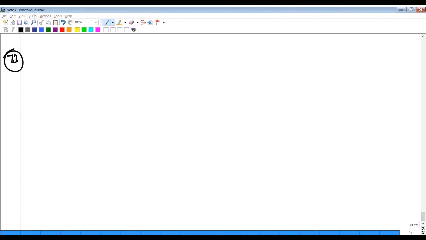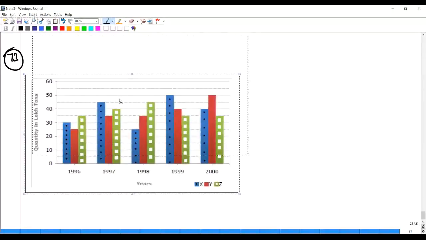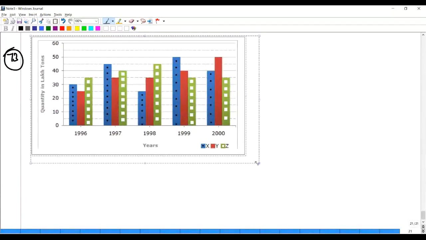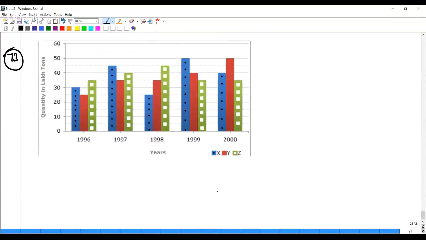First, see the given graph. This is what the graph is. Quantity in lakhs of tons, it gives you 1996 to 2000.